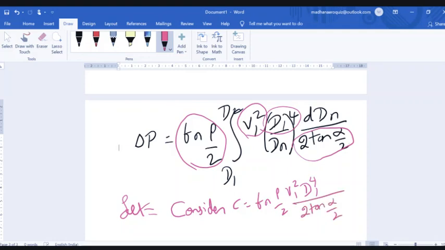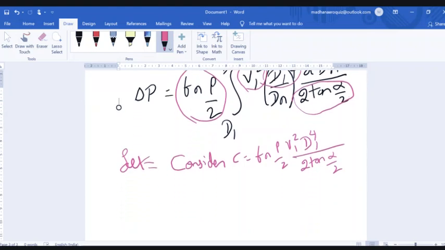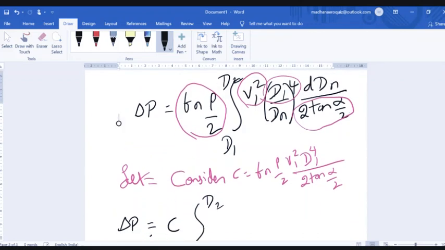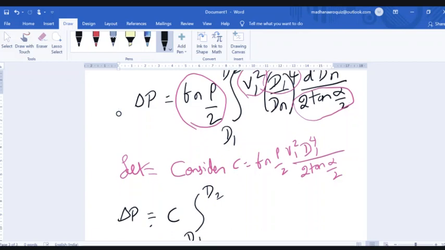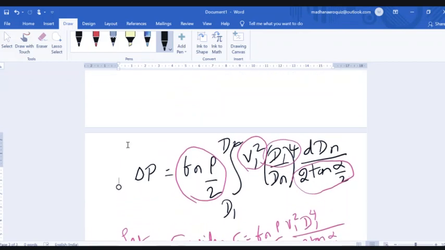So this is your C term. Now we are going to rewrite this equation of delta P. So delta P equals C, that is this constant term, and then integrate with respect to d1 to d2. We have only the part which is left to you.